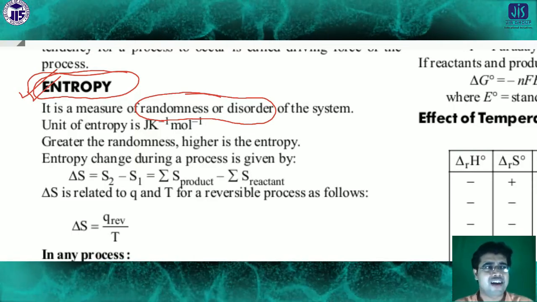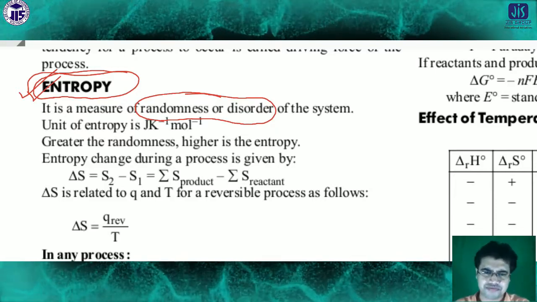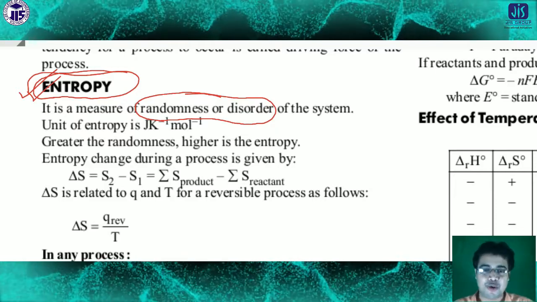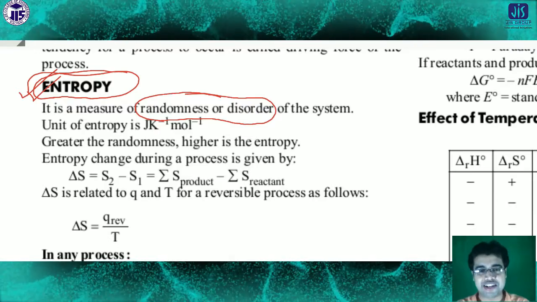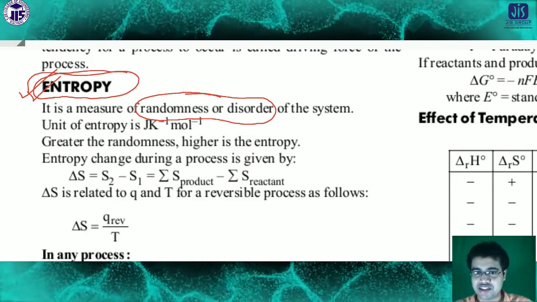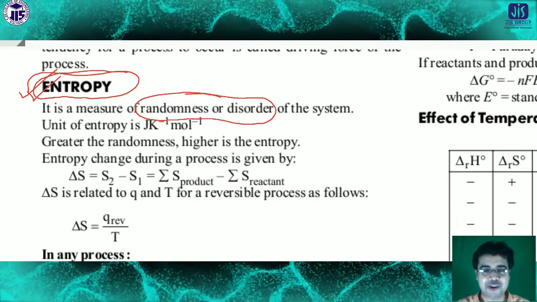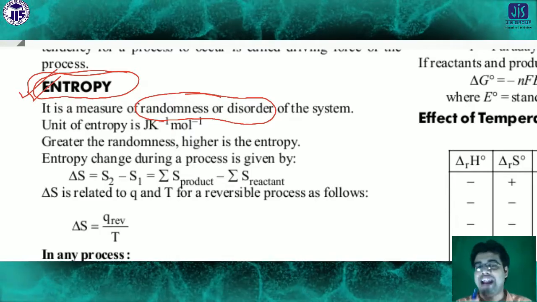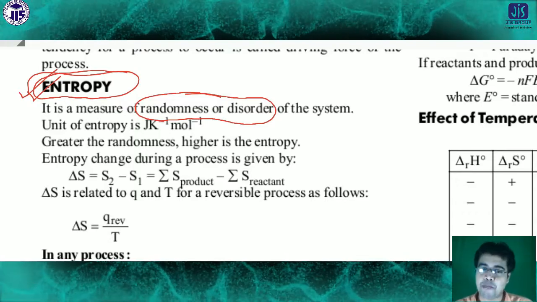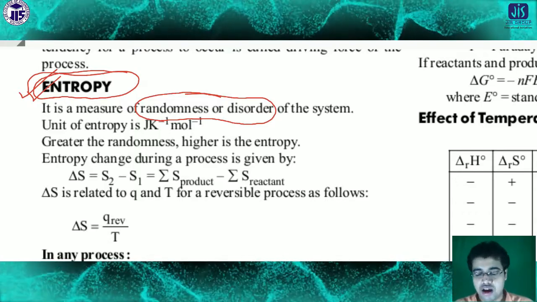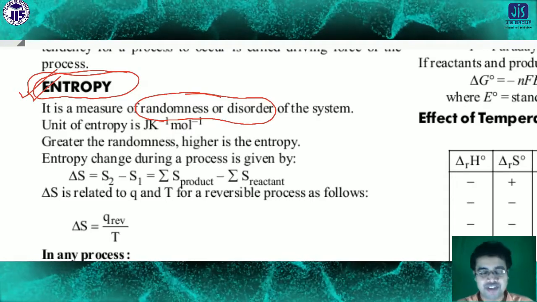I can tell you the meaning of disorder of the system. For example, if you think about solid, liquid and gas, from solid to liquid the distance between the atoms increases, and from liquid to gas, again the distance between the atoms increases. When the distance between the atoms increases, the randomness of the system increases. In a solid it is more compact, but in a liquid or a gas the randomness gradually increases.